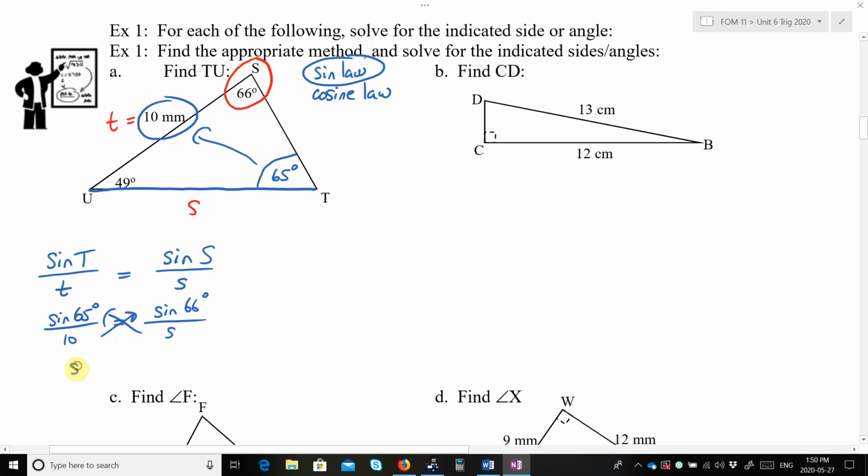Okay, so cross multiply and we will get s sine 65 degrees is equal to 10 sine 66 degrees. And then we would need to divide both sides by sine 65 degrees.